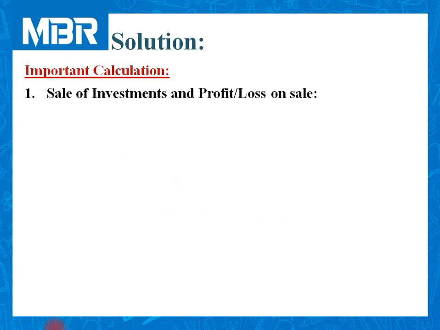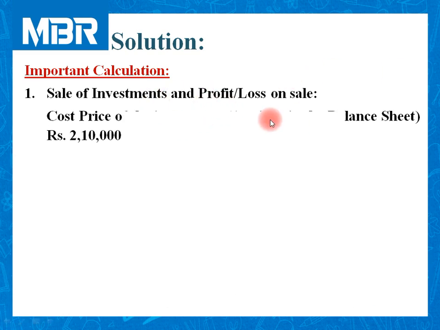The first calculation is related to sale of investment and profit or loss on this transaction. If you refer to the asset side of the balance sheet, the value of the investment given to us is rupees 2,10,000.